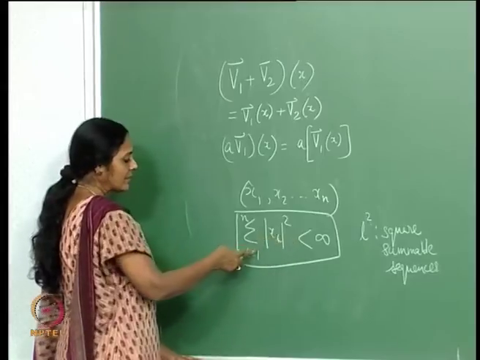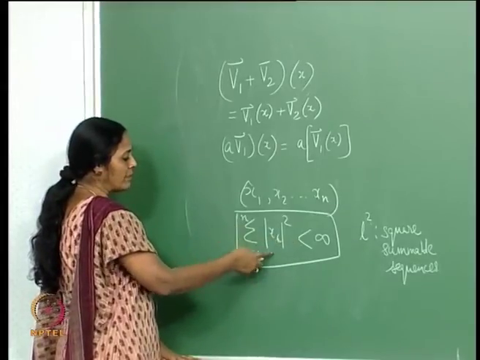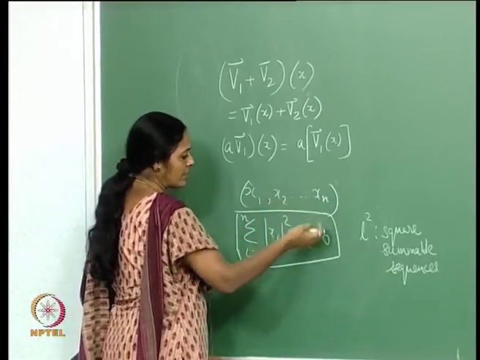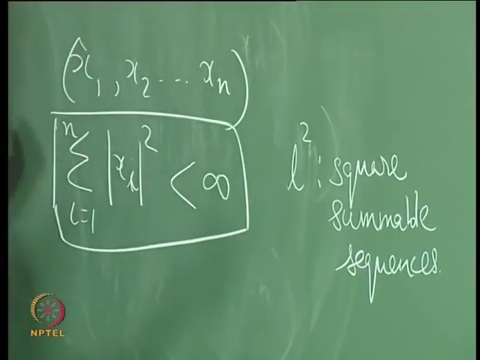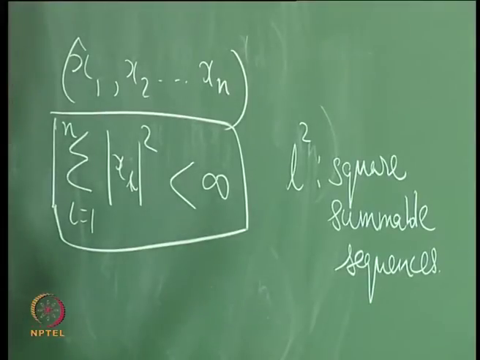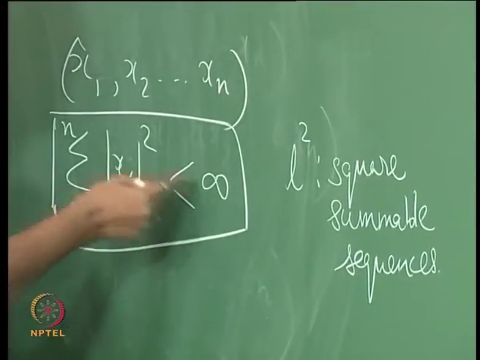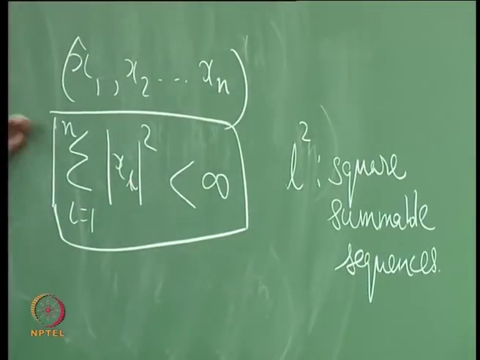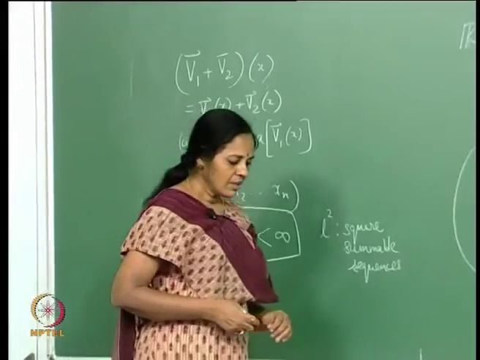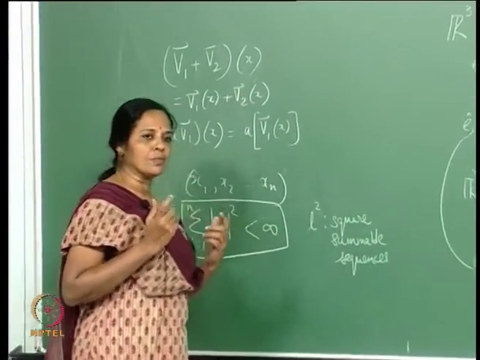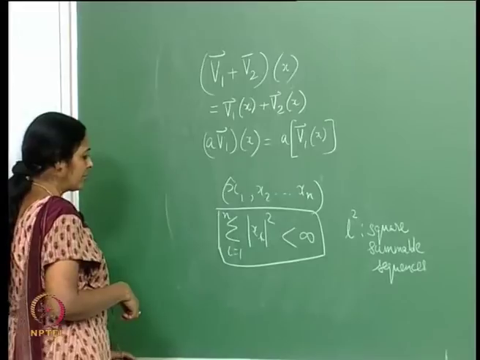The fact that the summation i equals 1 to n of mod xi squared, where these are the various components along the various directions in the linear vector space, crudely speaking, is finite is an important input into the probabilistic interpretation of quantum physics itself.